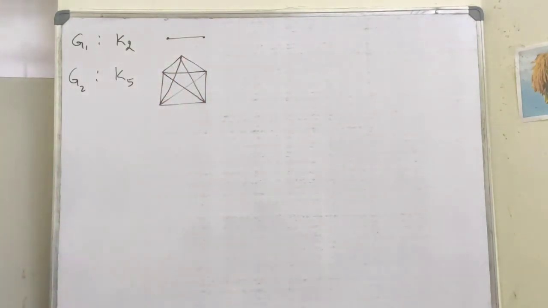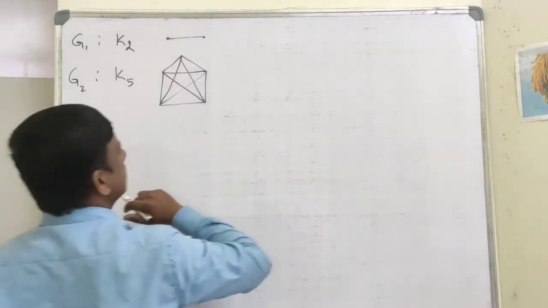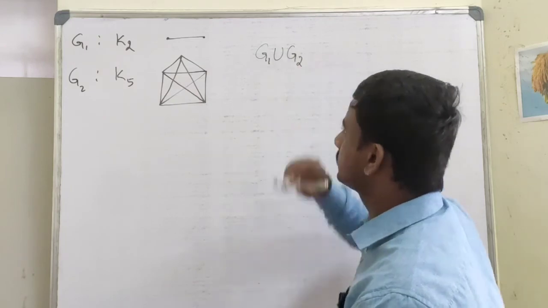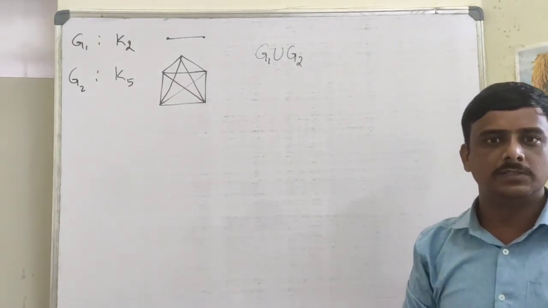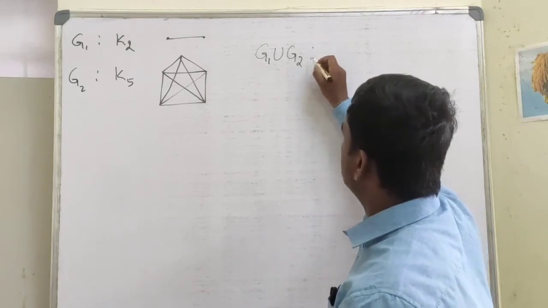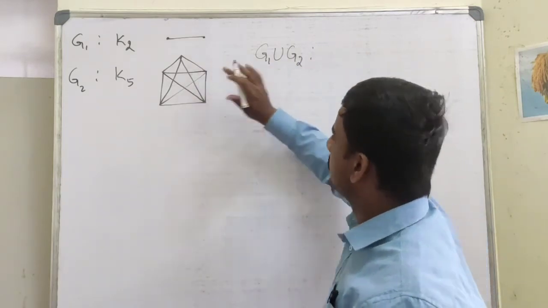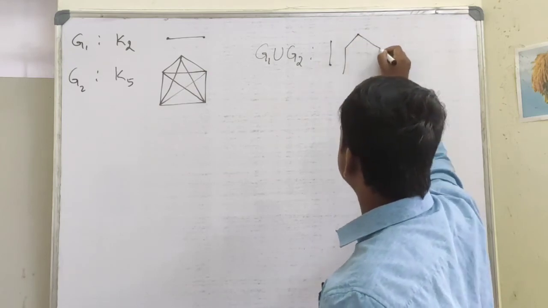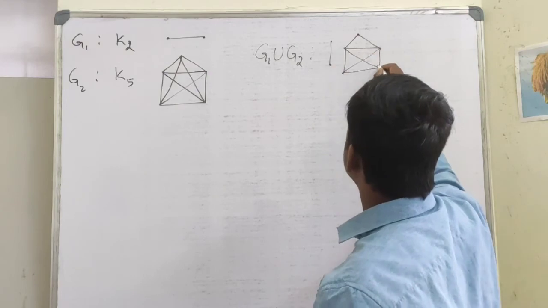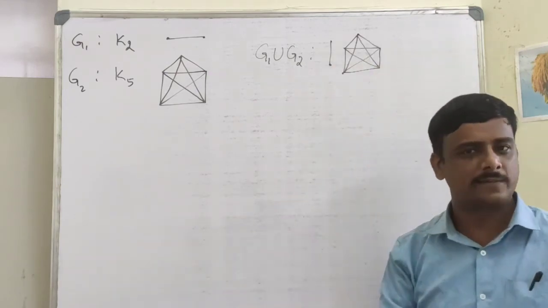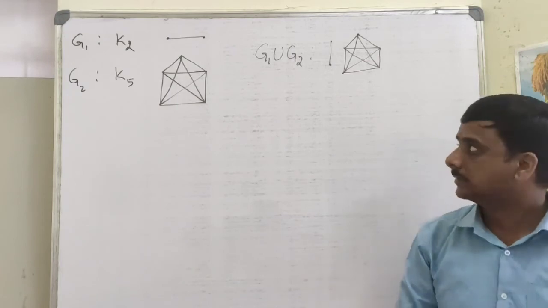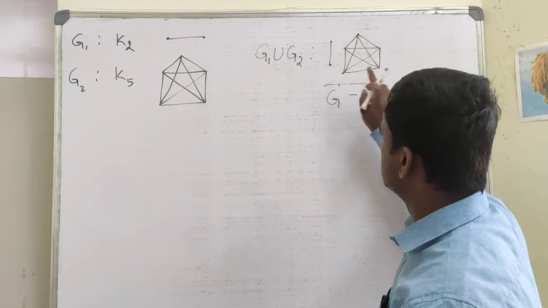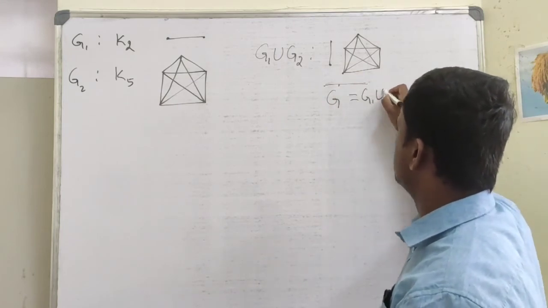The union of these two graphs is denoted by G1 union G2, and it is given by just writing the graphs together, nothing else. So this is now considered as a single graph G, G equal to G1 union G2.